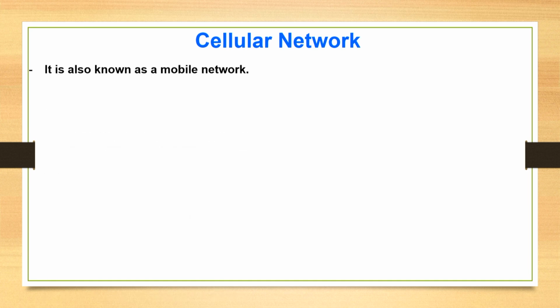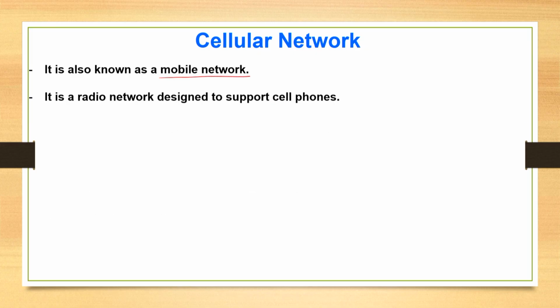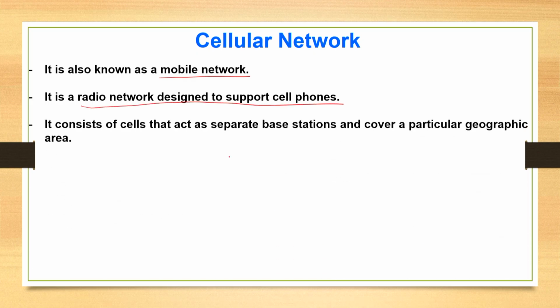What is a cellular network? It is also known as a mobile network. It is a radio network designed to support cell phones. It consists of cells that act as separate base stations and cover a particular geographic area.